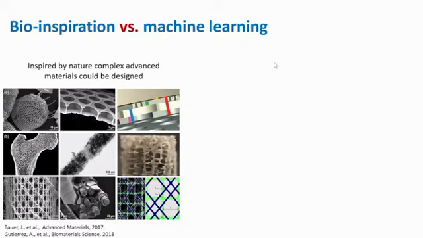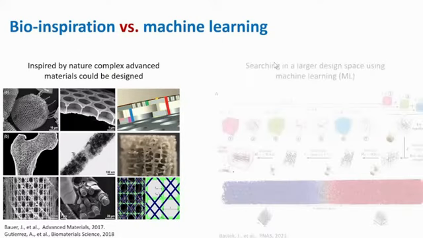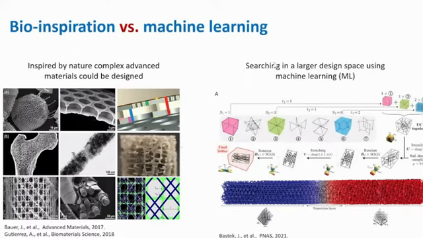And here we see the corresponding bio-inspired design. Recently, thanks to the huge increase of powerful capabilities of machine learning, we can basically enlarge the design space and find really interesting properties compared to bio-inspired design.